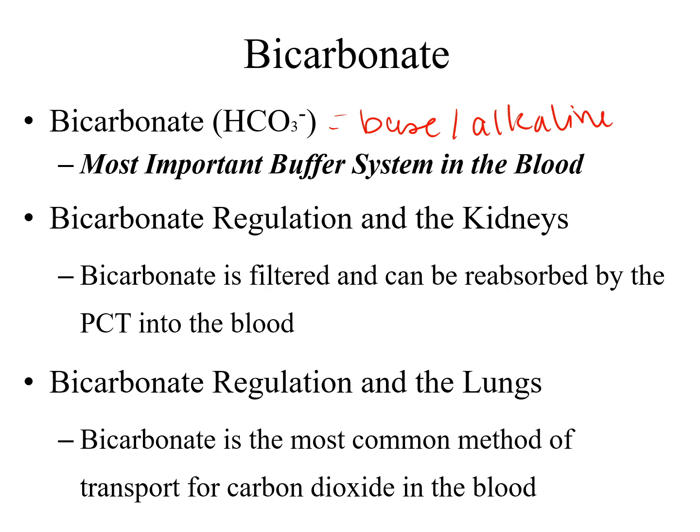Bicarbonate can be managed both by your respiratory system and by your kidneys. And of course, kidneys can filter and reabsorb it if needed, and the lungs can remove it as carbon dioxide. So on the bottom of your page down there, bicarbonate can help manage respiratory problems. It can also help manage metabolic problems, something you'll cover in more detail in lab.